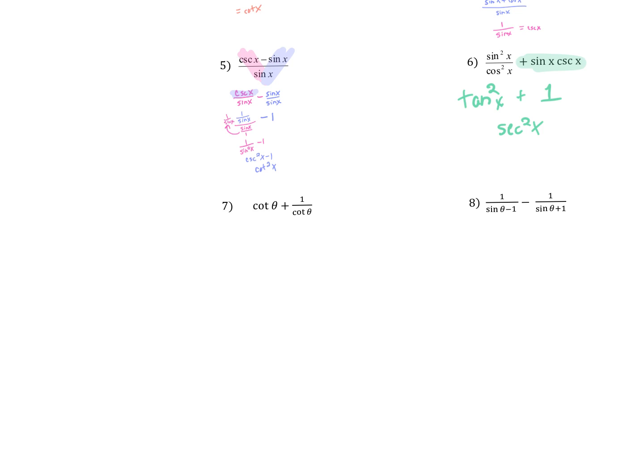First thing I'm noticing is that I'm seeing cotangents. One way of dealing with this problem is to stick with the cotangents, since we have all cotangents, and find a common denominator. We could do that, but I want to switch to sines and cosines. So let's think about that. How are we going to do that?